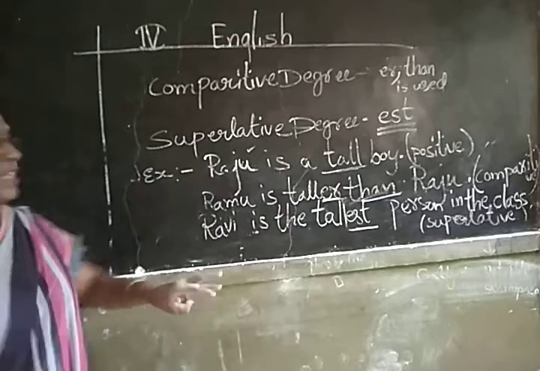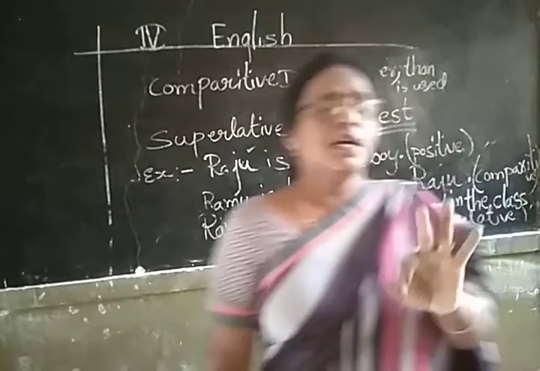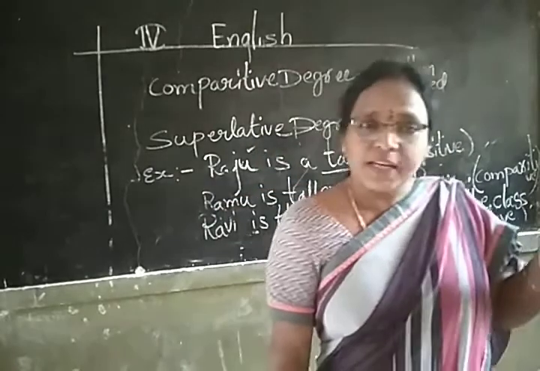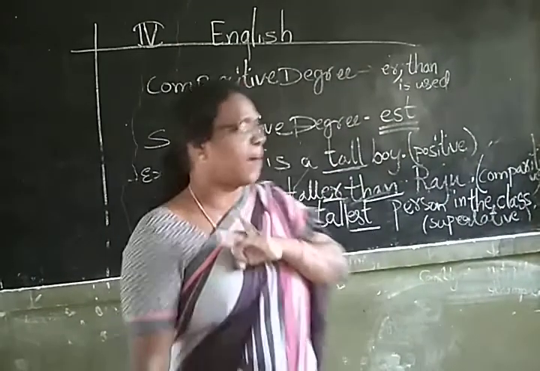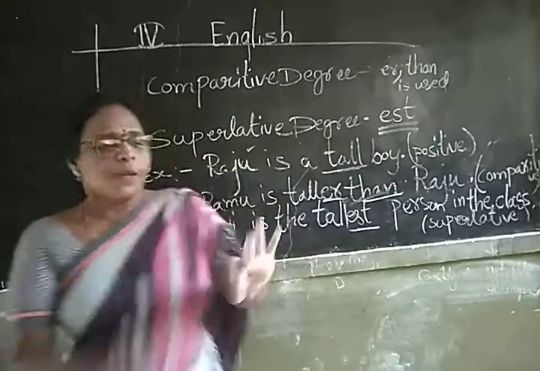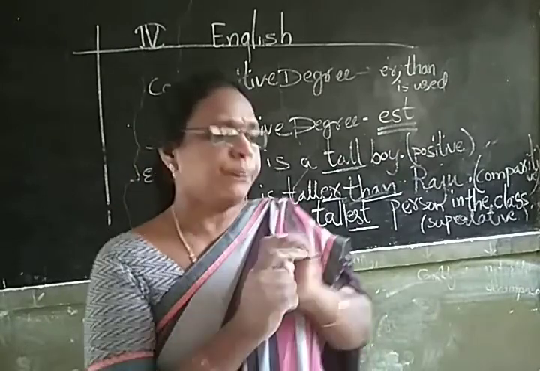How many types of degrees of comparison are there? There are 3 types. What are they? Positive degree, comparative degree, and superlative degree.